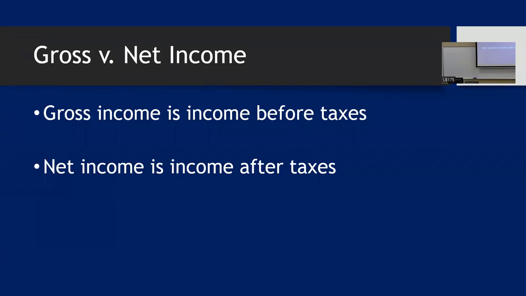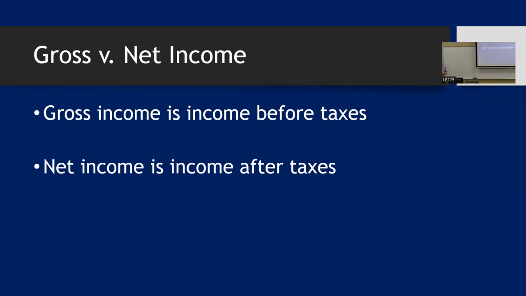When you get a job and they say, we're going to pay you $60,000, what they're telling you is the gross income. That's the income before taxes are taken out. So if they say, we're going to pay $60,000, that does not mean at the end of the year, you're going to be getting $60,000 more in the bank. Does that make sense? What you're going to get in your bank is your net income. That's the income after all the taxes are paid out.